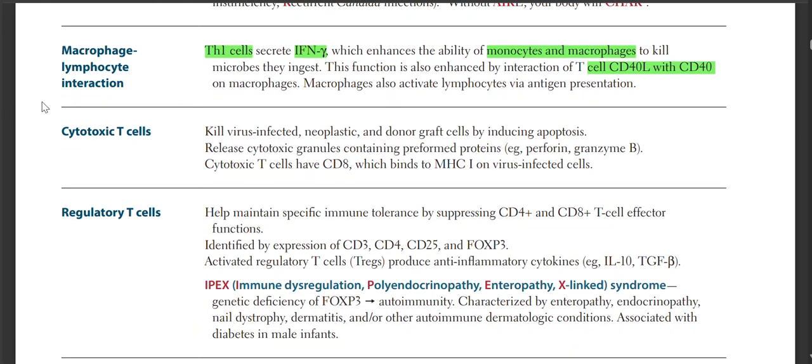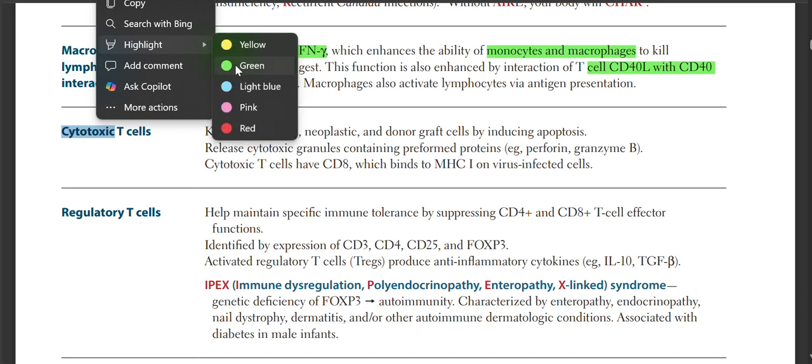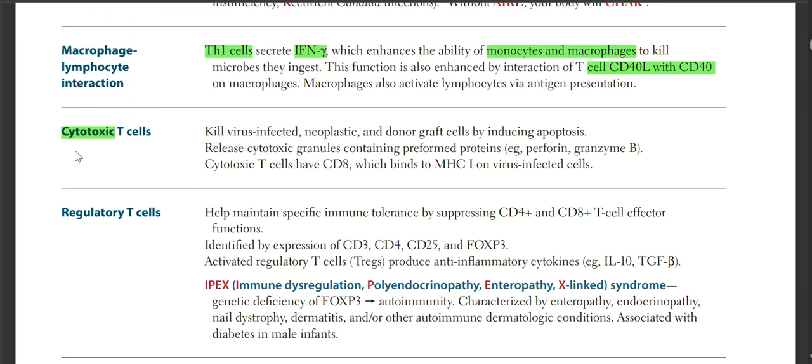Next, we have the cytotoxic T cells and then the regulatory T cells. Now, cytotoxic T cells, as the name says, are responsible for cell death. Cyto means cell and toxic means toxin or harmful. So these cells can kill any kind of cell. And now, how do they do this? They do this by two mechanisms.